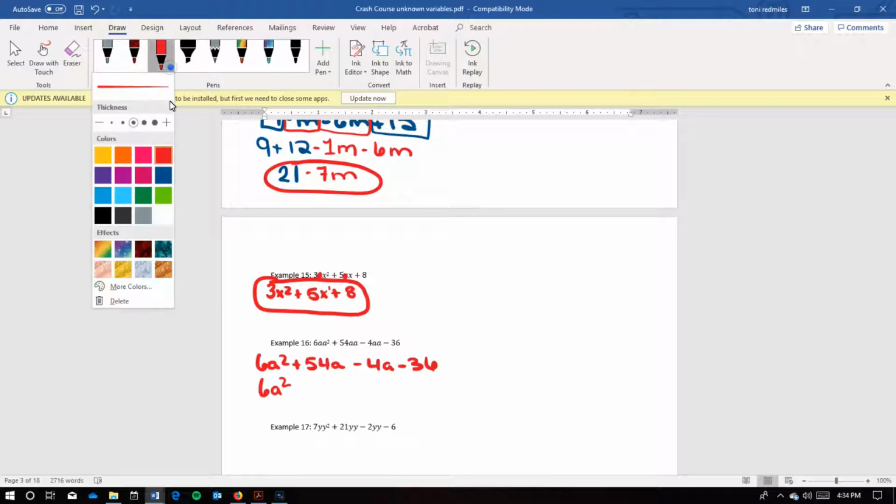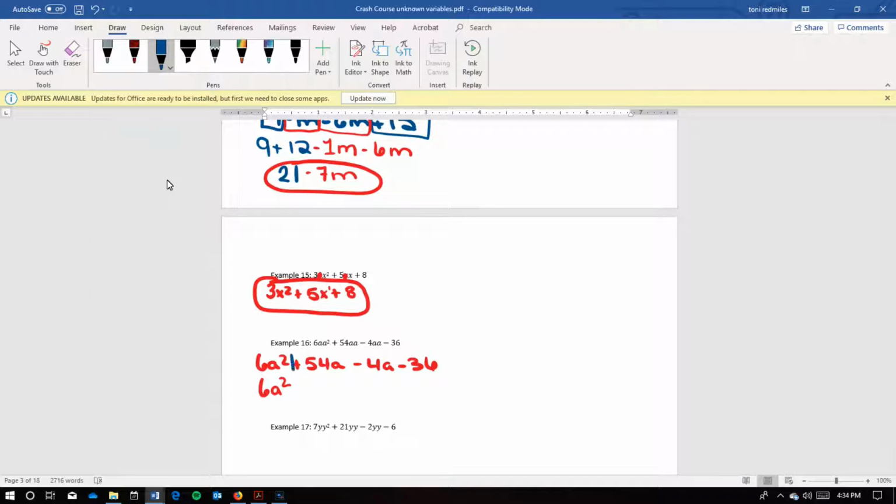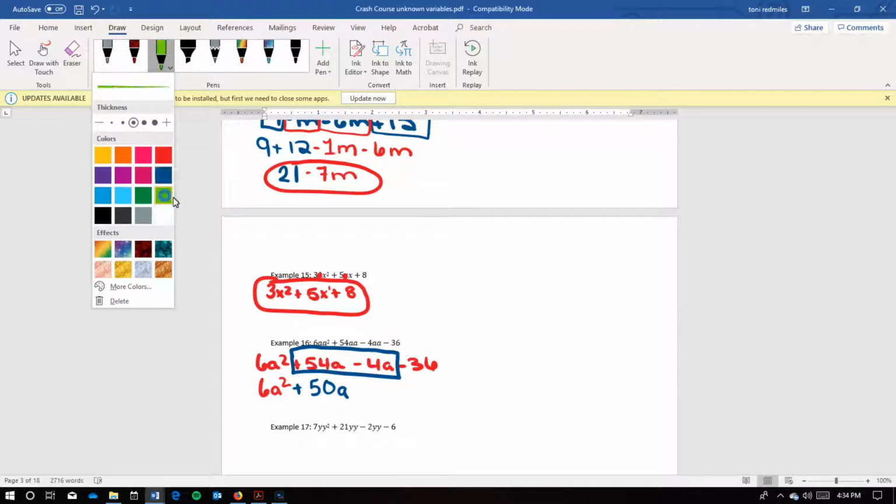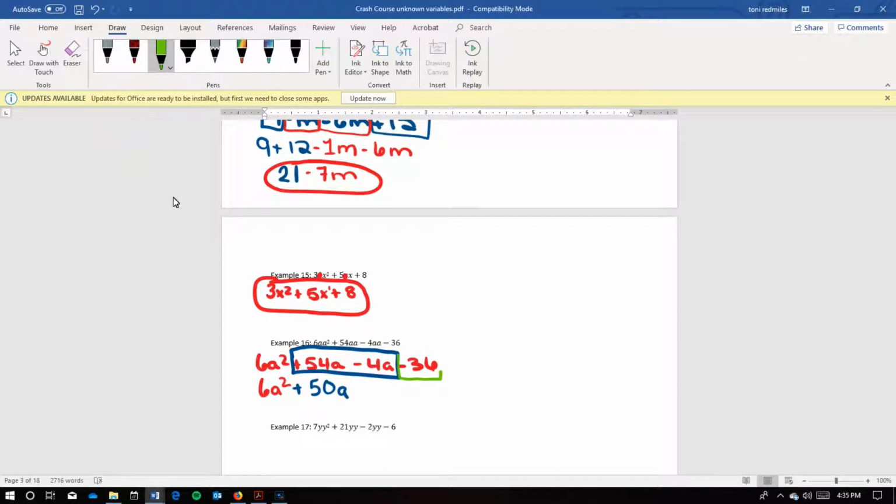But these two terms are like, because they both have the same variable with the same degree of power, and that is just plain old A. So 54A minus 4A is going to give me a positive 50A. And the last thing is this negative 36. There is no other term that does not have a variable, so it just hangs out back here.